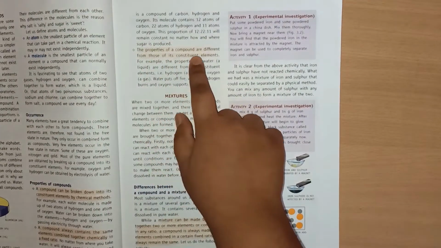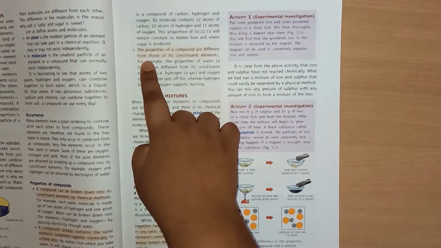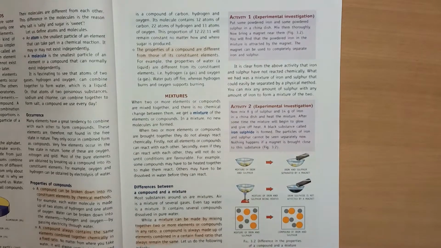The properties of a compound are different from the properties of its constituent elements. So it is saying no matter what two elements we take to form the compound, their properties will not be shown in the compound. Example of water, which is formed by two gaseous substances, hydrogen and oxygen, and when we combine them both, we get water, which is a liquid substance.